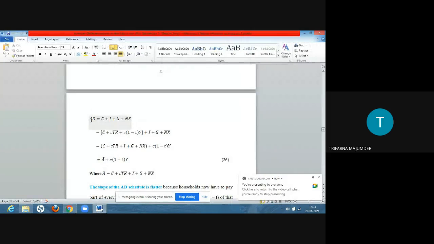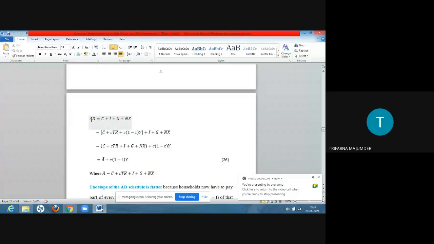Now, aggregate income, as I was saying, is equal to C plus I plus G plus NX. You will recall that these are consumption, investment, government expenditure, and net exports.